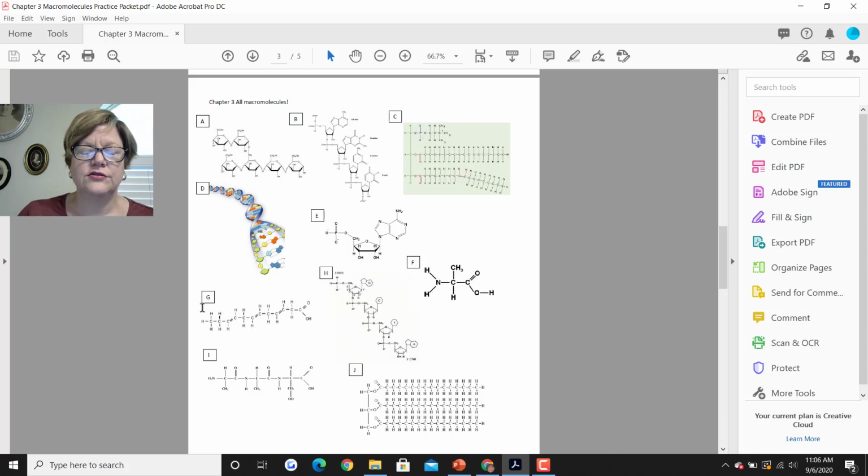The other thing I could ask you to look for is a fat. Now a fat has that glycerol, remember that 3-carbon structure with 3 hydroxyl groups, connected to 3 fatty acids. So look carefully and see if you can find the fat, the triacylglycerol?